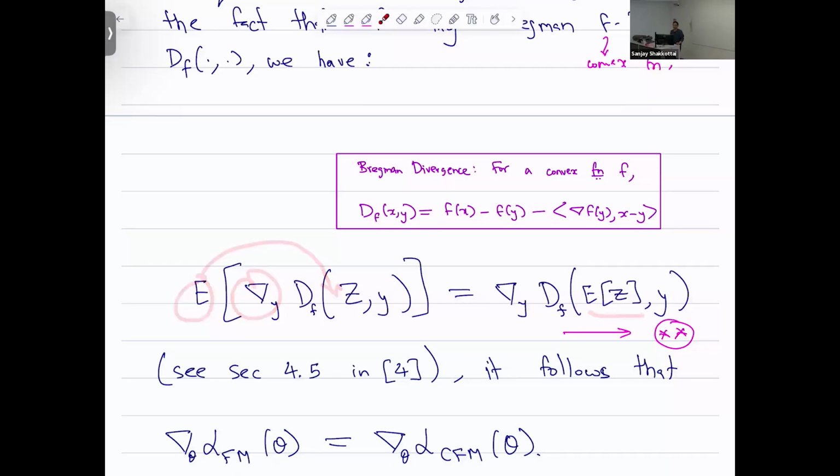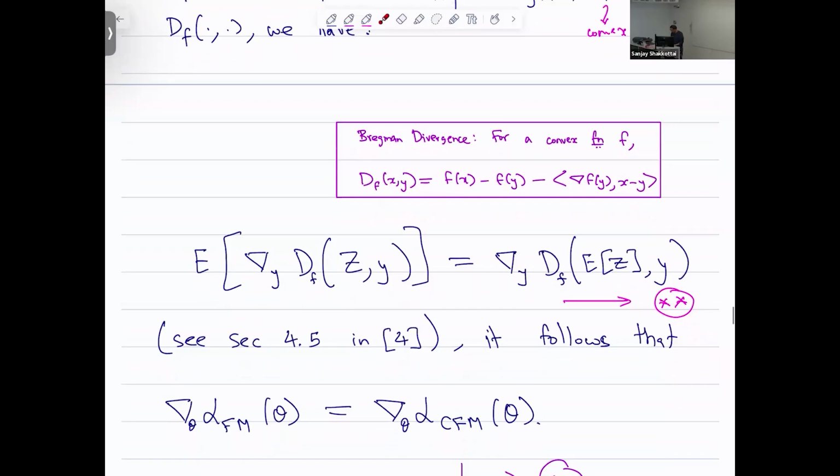It is a two-line proof if you try to write it yourself. Always the gradient with respect to the second parameter. Check it yourself, it's a very simple calculation.